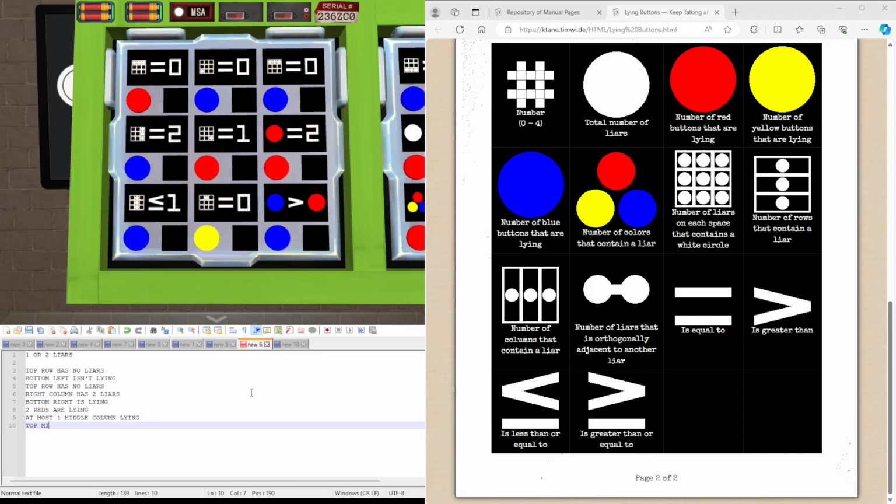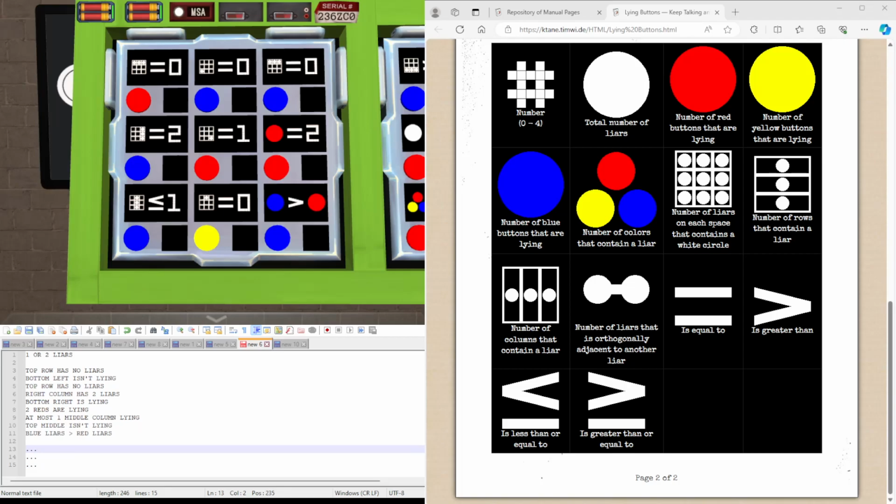Top middle isn't lying. And the last one is that the blue liars is greater than the red liars. So now we just have to figure out what combination of trues and falses here gives us a valid grid.